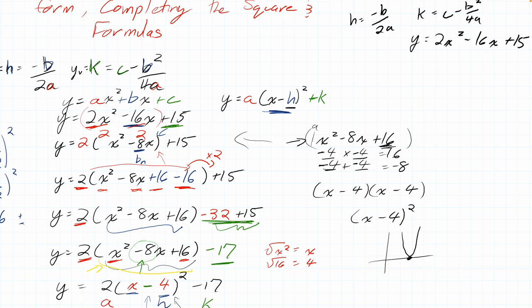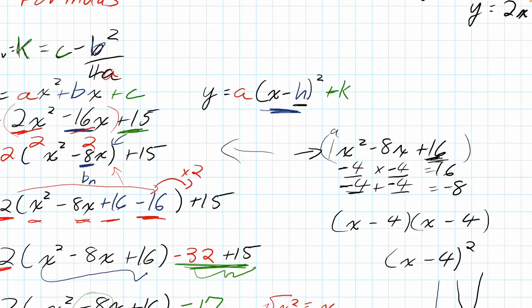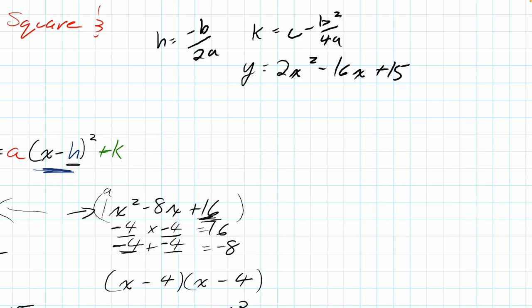So I'm showing a lot of information in this one. Let's jump back over here. Okay. We knew our standard form. That's my a. This was my b. The whole negative there. And this was my c. According to my little formulas here, I can find the h value of the vertex by doing this. h is equal to negative whatever the b is, and the b happens to be negative 16, divided by 2 times whatever the a value is.